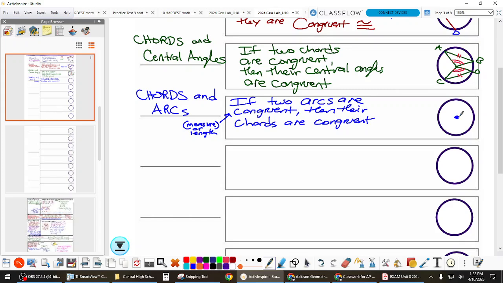If you have a highlighter or some way to highlight, it's probably going to be a little easier to show that we're talking about the arc. And then don't forget to mark congruent chords.